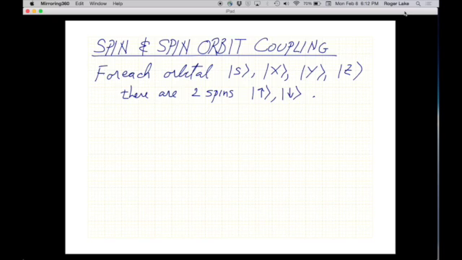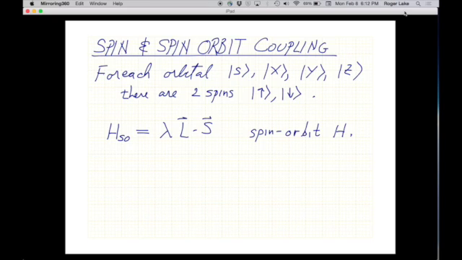Okay, so what is this spin orbit coupling Hamiltonian? Well, the way we're going to write it is this. Lambda will be a coupling strength, which we'll say a little bit about. It becomes an empirical parameter eventually to fit the right spin orbit splitting of your band structure. This H sub SO is going to be our spin orbit Hamiltonian, and L will be your orbital angular momentum.